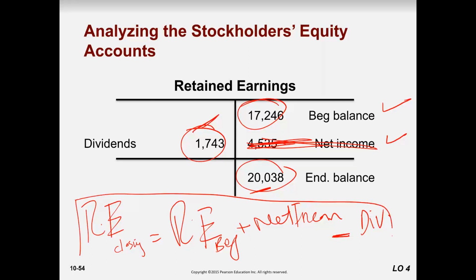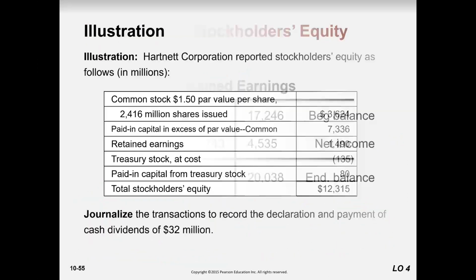So through this equation or through this T account, we can find the closing balance if we are given these three. We can find net income if we are given the other three. We can just rearrange this equation to find the fourth variable if we are given the three.